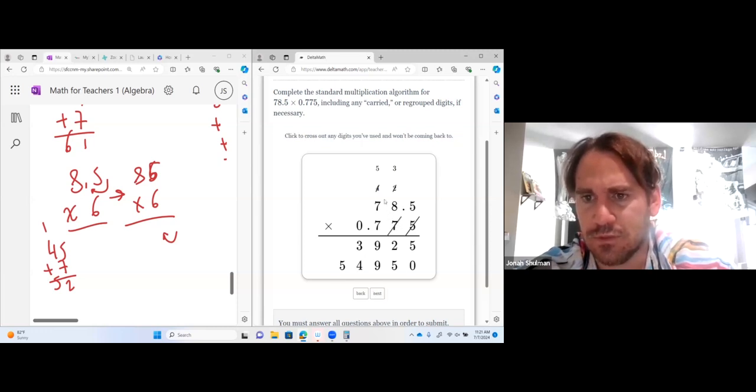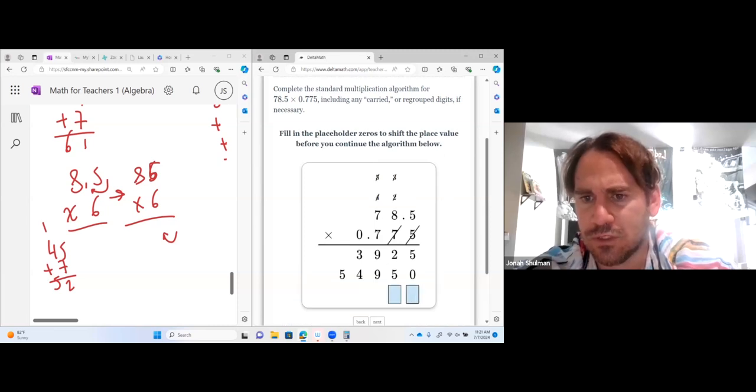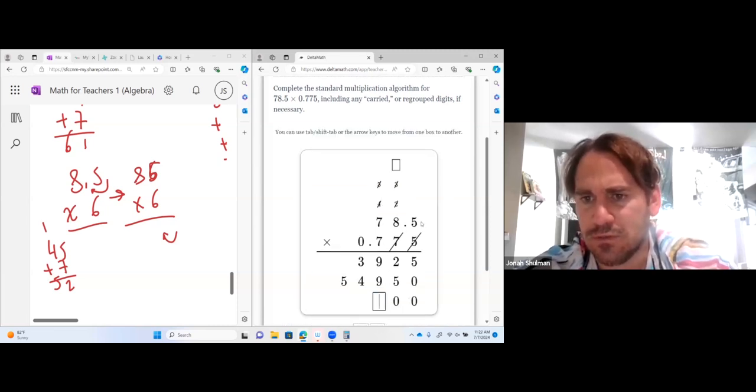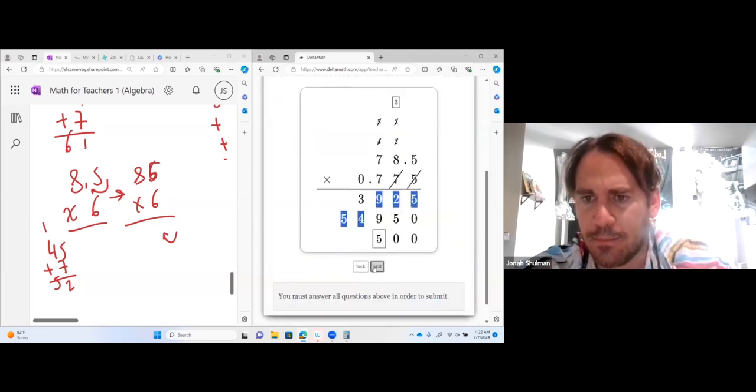So we use this 7, we use these 2, and now we get to use the final term, which is not 7. We're going to pretend it's 700. 7 times 5 is 35. Carry the 3. 7 times 8 is 56. Plus 3 is 59.